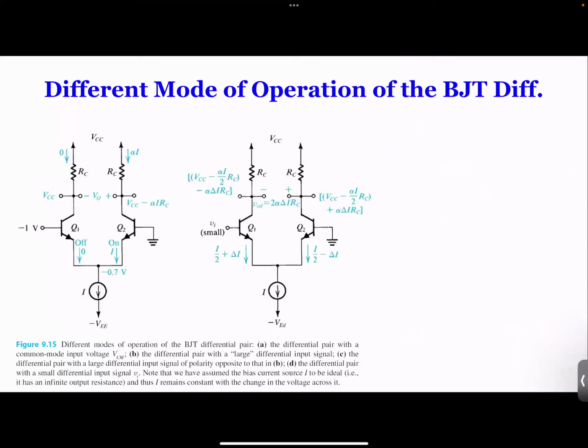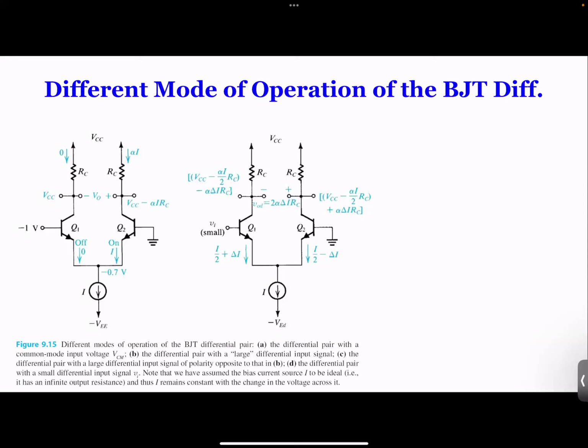So this one says that if you do this one, you will get this. But then if you apply minus 1 volt instead of 1, see now what happens? But of course you might say, okay, how do you know this is off and this is on?